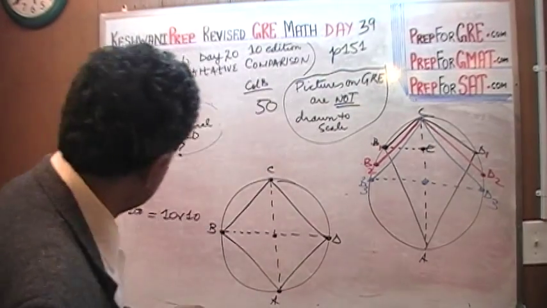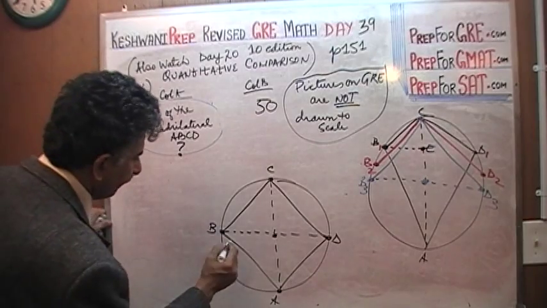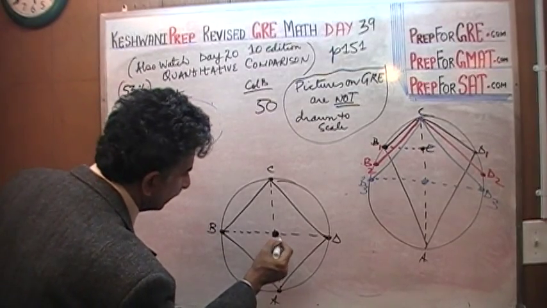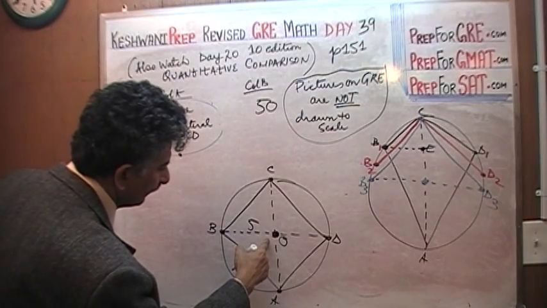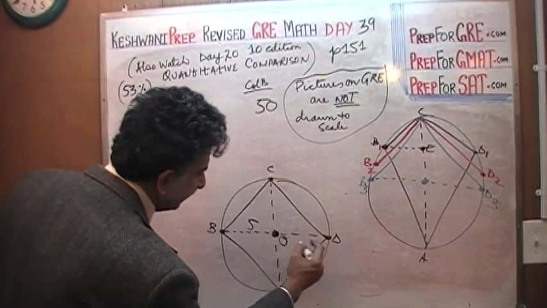It will be 1/2 from here to here. Let's call this center O. From B to O is 5, and from O to D is 5.